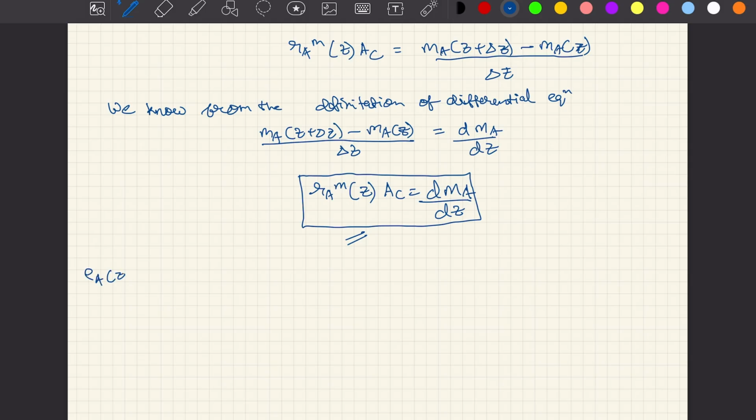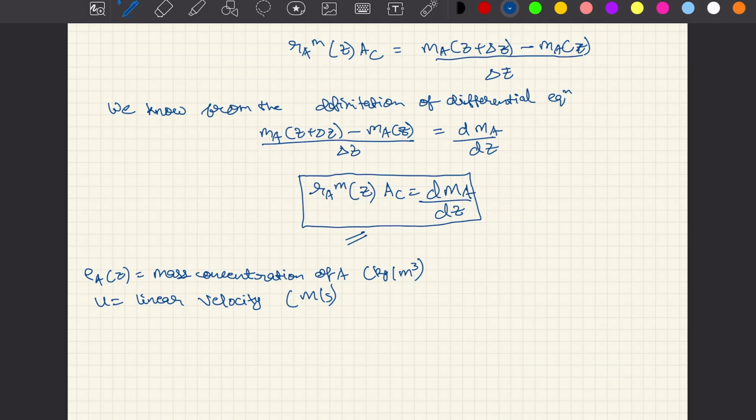If rho AZ is defined as the mass concentration of A with unit kg per meter cube, and U is again linear velocity with the unit meter per second, so MA can be written as rho A into U into AC.